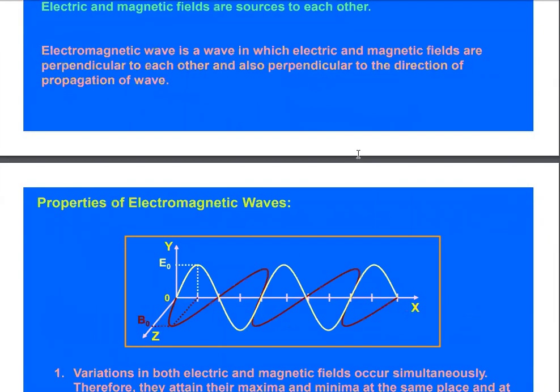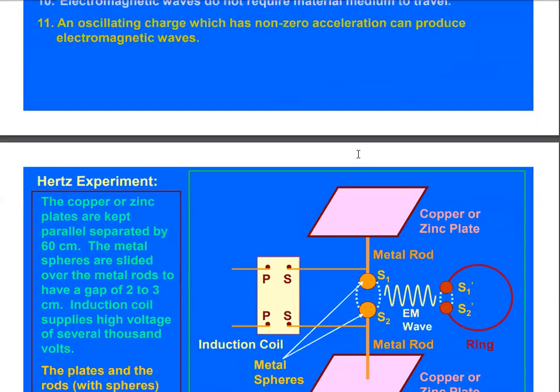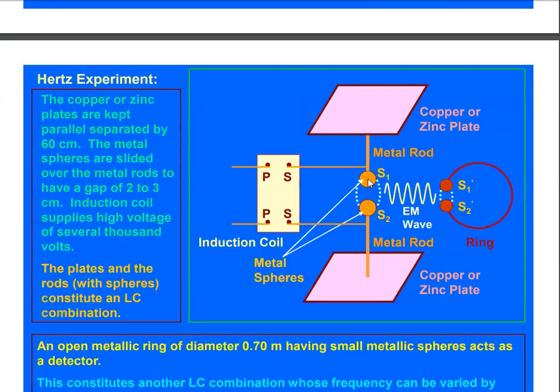So here you see, the region between the two balls has no charge and no current. So here Faraday's law of electromagnetic induction and Ampere's circuital law take the symmetrical form.